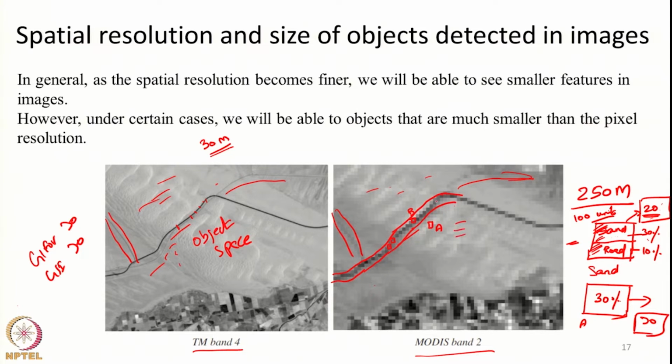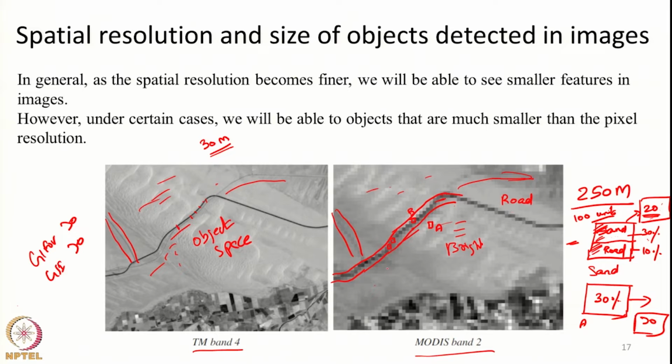Because of this smaller radiance received for these pixels, they will appear darker to our eyes because the entire surrounding area is bright. This particular portion alone is dark. So, we will have somewhat darker pixels, and just by seeing those darker pixels aligned along one particular line, we are able to infer that it may be a road feature because it appears linear, it appears dark, it is smooth and so on.